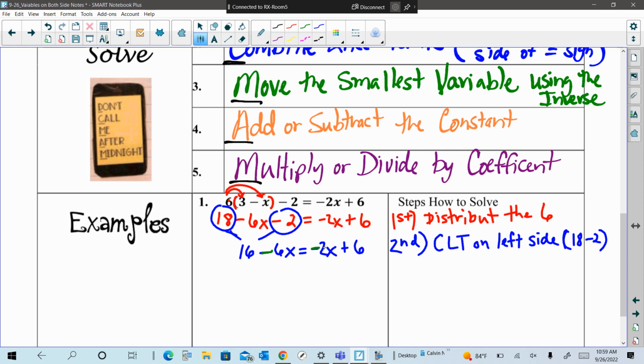Negative 6 is smaller than negative 2. So step 3 here is that we're going to move the negative 6x by doing the opposite. So the opposite of negative 6 is adding plus 6x to both sides.